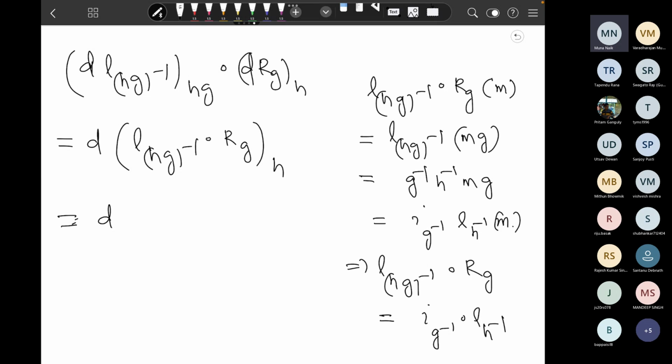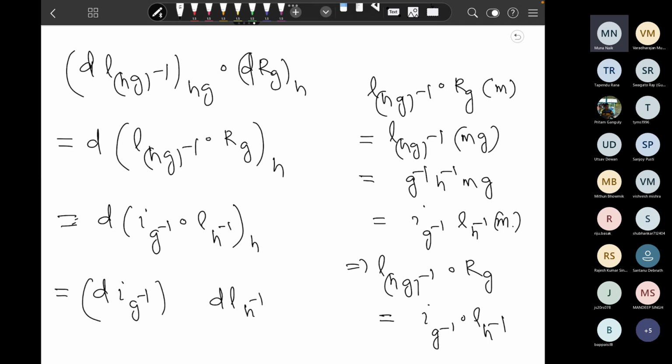So I put that here: D I_{G^{-1}} composed with D L_{H^{-1}} at the point H, and H^{-1}H is the identity.